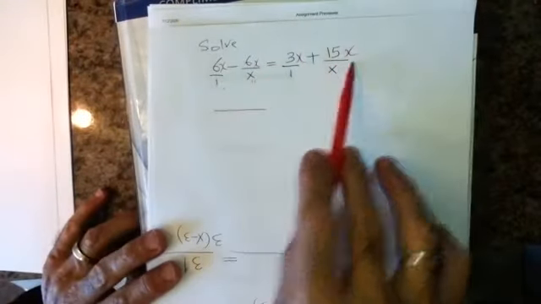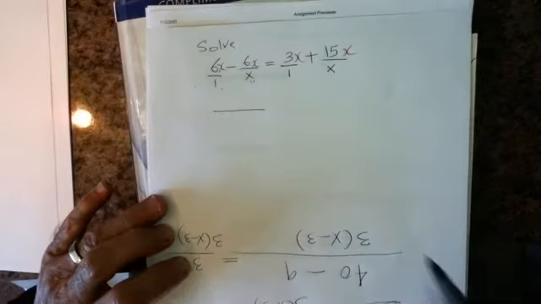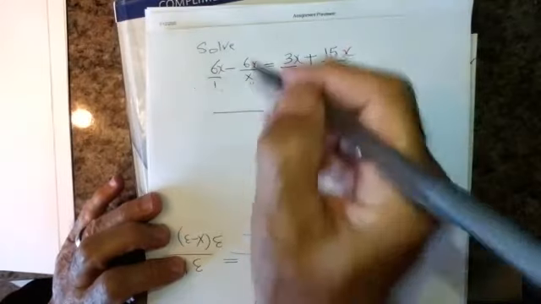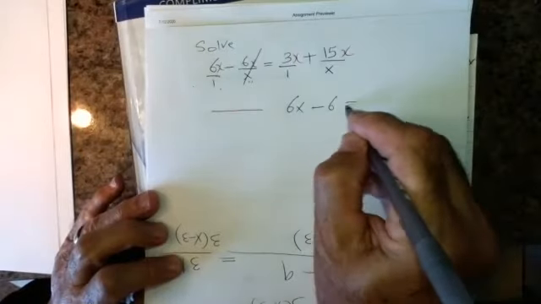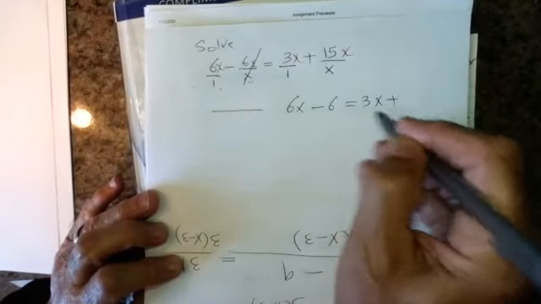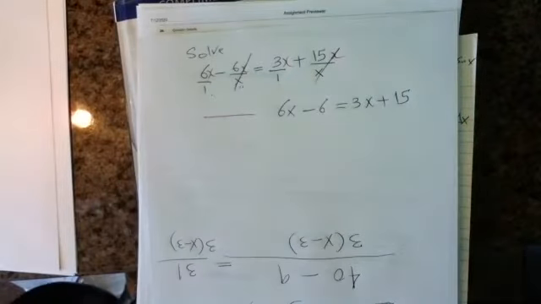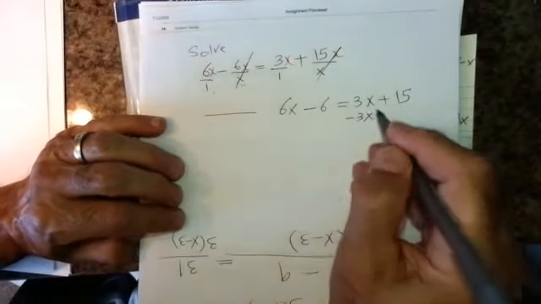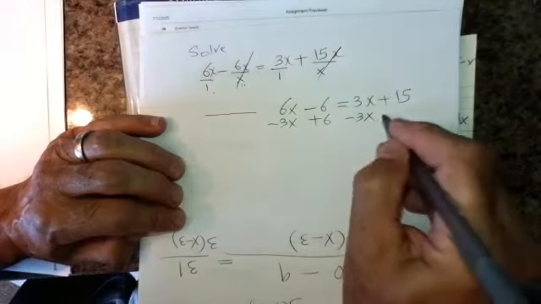x, x, x, x. All right, so then what you have is this. 6x, x and x cancel, minus 6, 3x plus 15. See, in that case, you don't have a denominator anymore. So now you just put minus 3x, minus 3x, plus 6, plus 6.